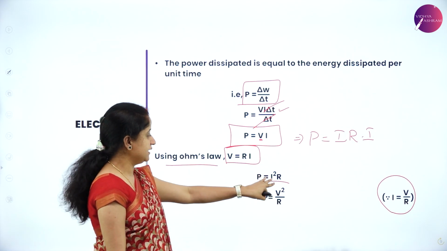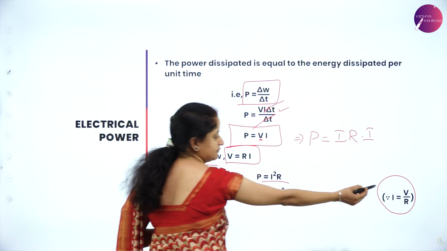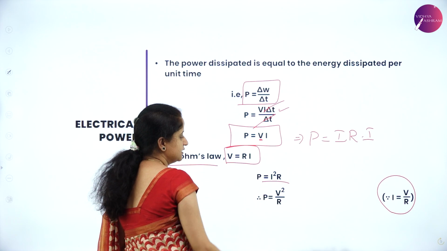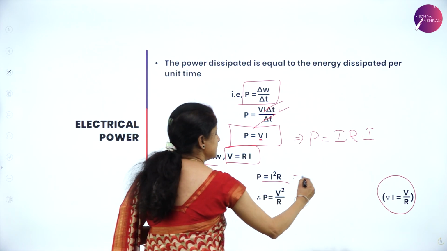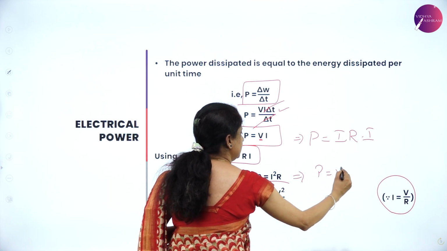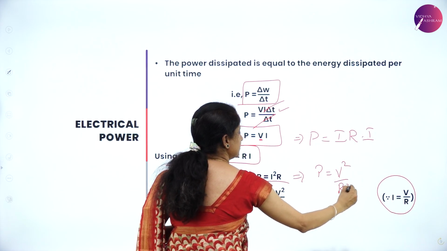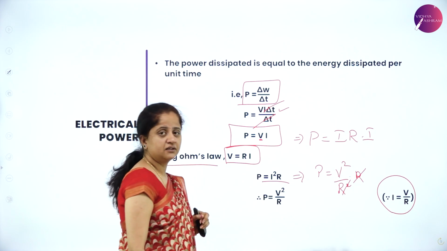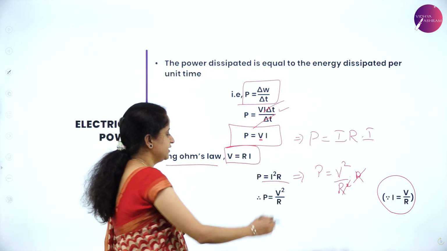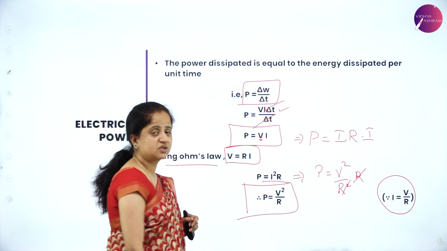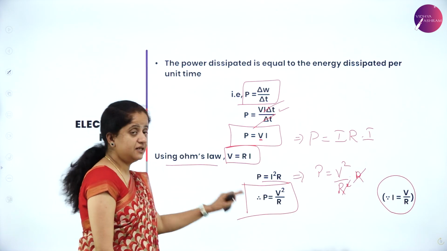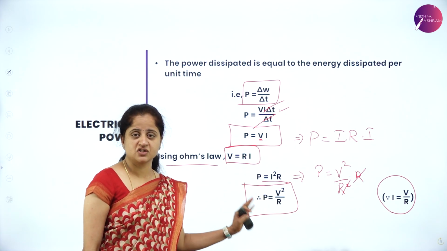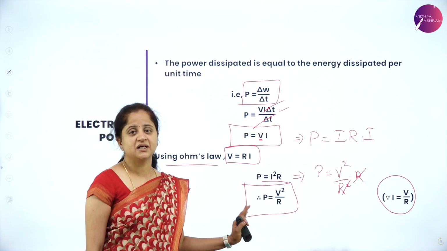Now we have I square here, so I is nothing but V by R, and we can write it as V square divided by R square. That is P is equal to V square divided by R square into R. One R in the numerator and the other R in the denominator get cancelled and we remain with P is equal to V square divided by R. This is called the power loss, or we also call it ohmic loss.